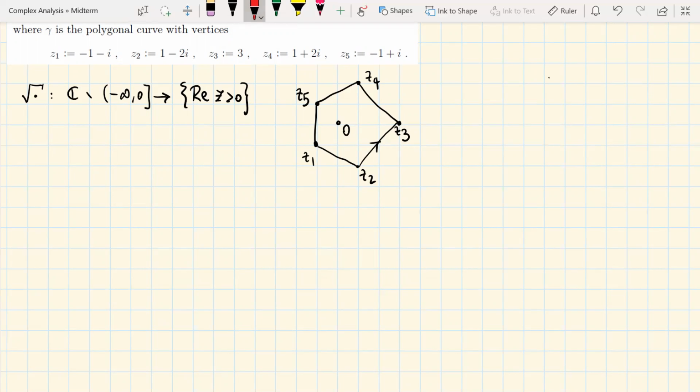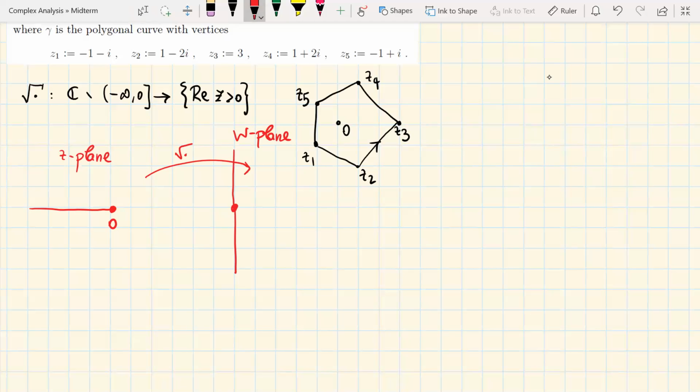So here maybe we can take the Z plane, and we have here the W plane, and the function square root brings the Z plane to the W plane. So this is the origin, and the function goes in this region here where the real part is positive.